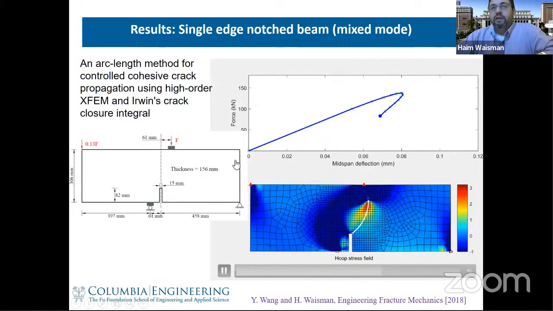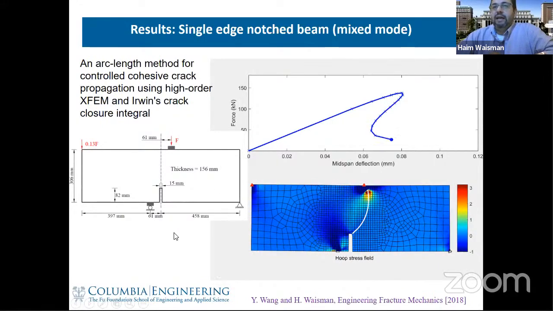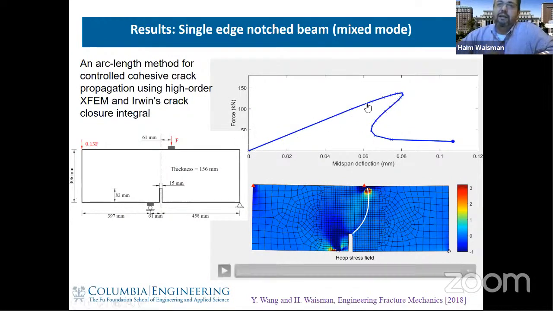It depends on the thickness, for example, of this beam, and that will always come up in those types of problems. So in the snapback, the problem reaches a certain peak, and if you trace exactly the equilibrium path of this curve, you will see that it follows this type of behavior.